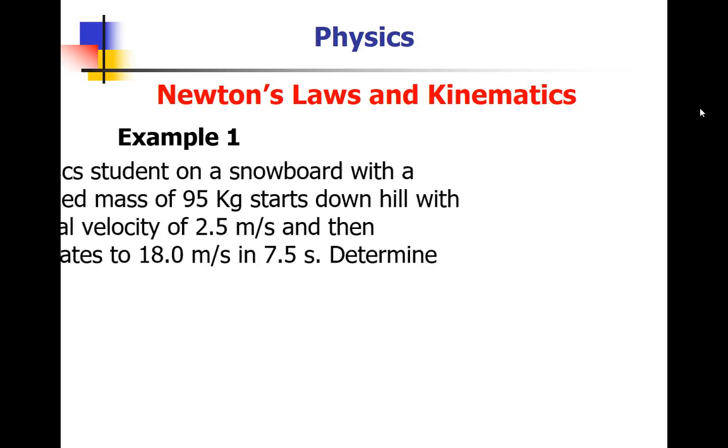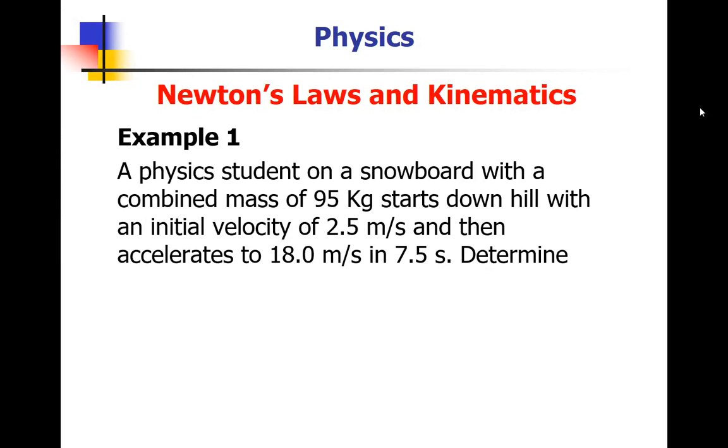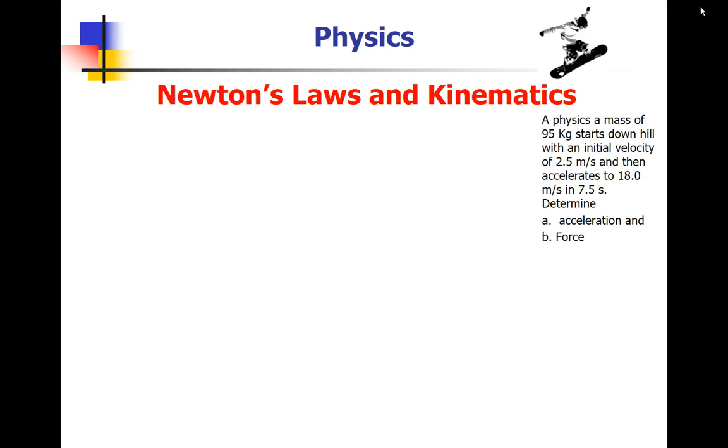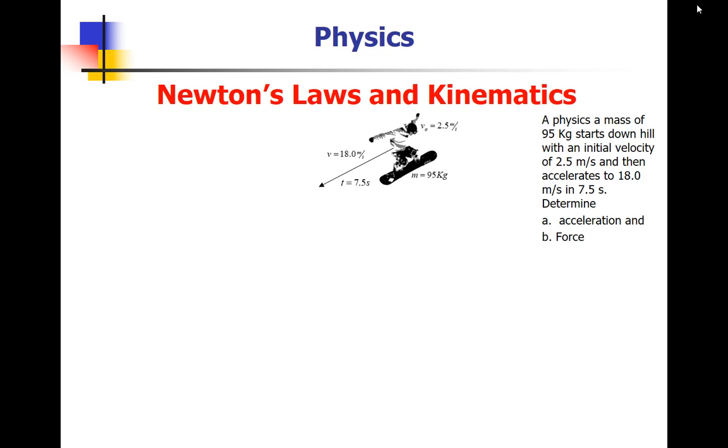If that 95 kilogram student starts down the hill with an initial velocity of 2.5 meters per second and then accelerates to 18 meters per second in 7.5 seconds, determine the student's acceleration and the force pulling the student down the hill. I've read it. After I read it, I diagram it. There we go, bombing the hill: 95 kilograms, we start at 2.5 meters per second and accelerate to 18 meters per second in 7.5 seconds.